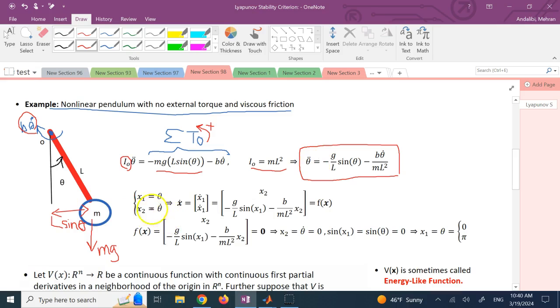So we use dummy variables: x1 equals theta, x2 equals theta dot, and vector x is x1, x2. So vector x dot, which is shown in bold font, is x1 dot and x2 dot.